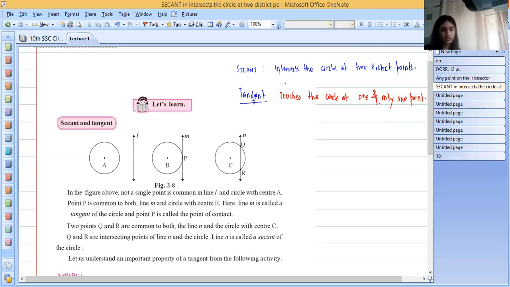So I'll give a very interesting statement which will be important in the 11th standard. A tangent touches the circle at 2 points which are same.